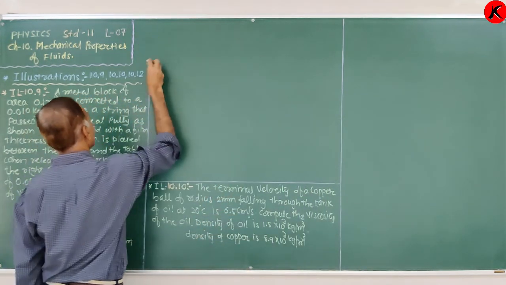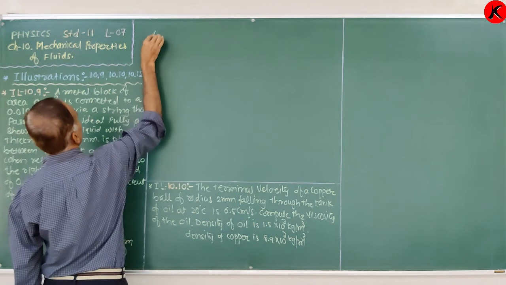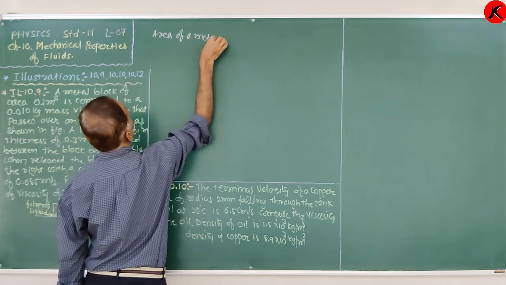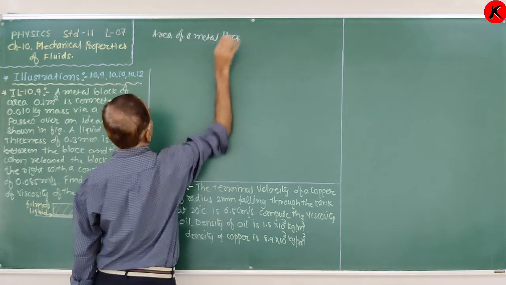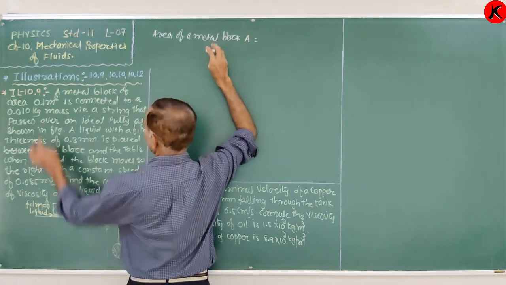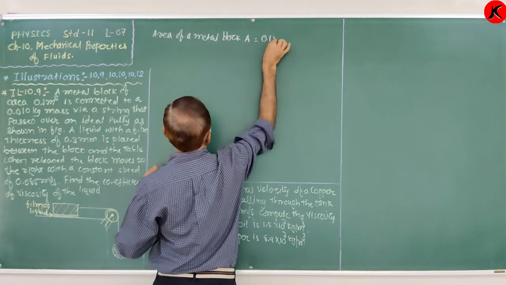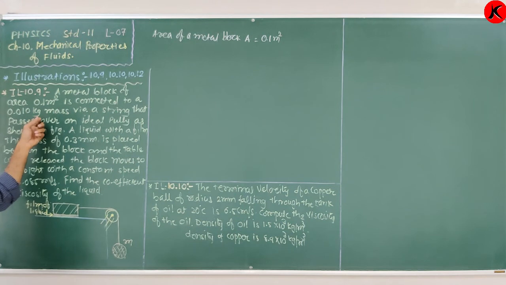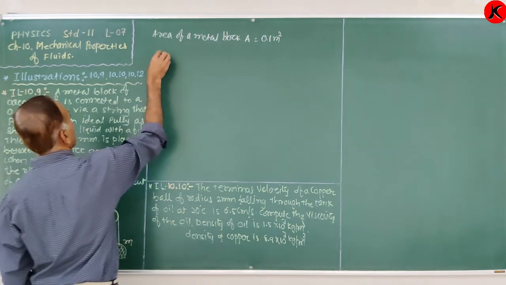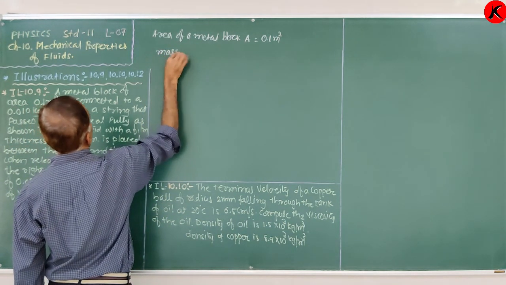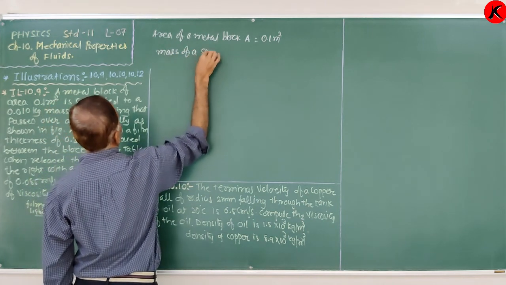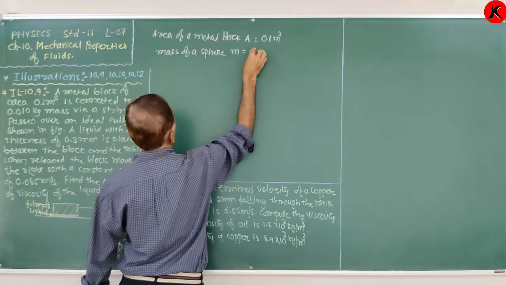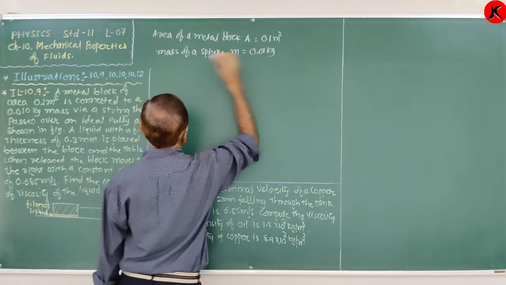Area of the metal block, capital A, is given as 0.1 meter square, connected to a string with a sphere of mass. Therefore, mass of the sphere, M, is given as 0.01 kg.